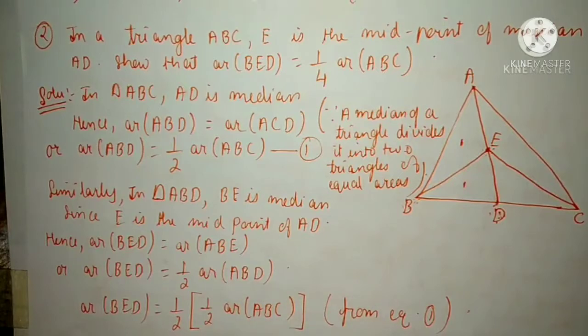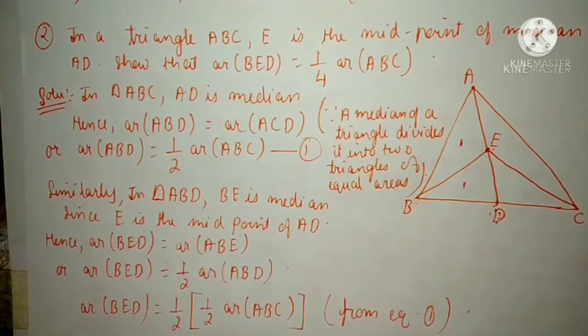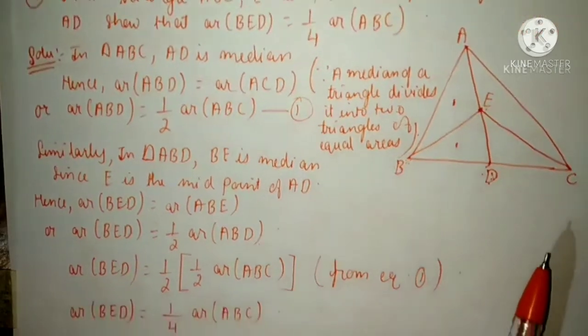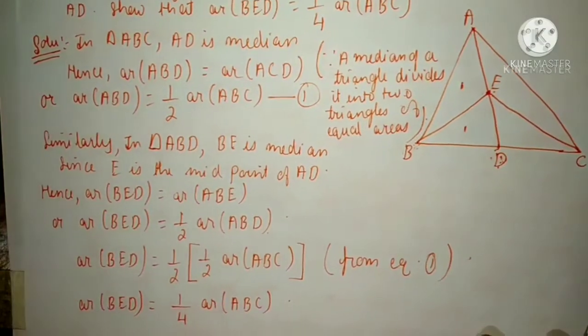Now we will put the value of ABD from equation number 1. What is the value of ABD? Half of area of ABC. So put its value. Area of BED will be equal to half, then half of area of ABC from equation number 1.